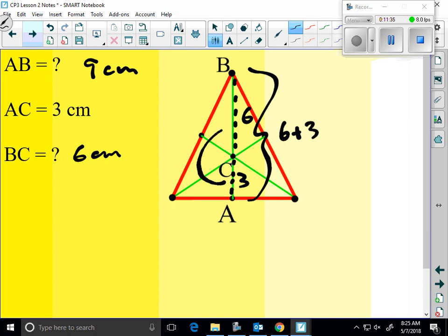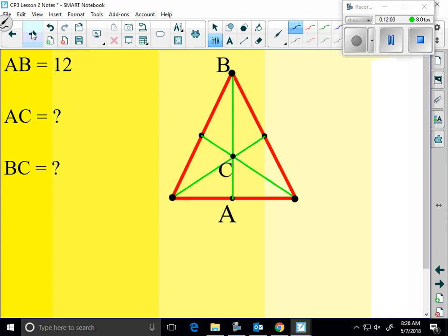I took 3 and I doubled it. So you always just double it? You'll always double the short length to get the other length. Okay, what would I do with the short length to get the full length of the median? Triple it. Right? I'd triple it.